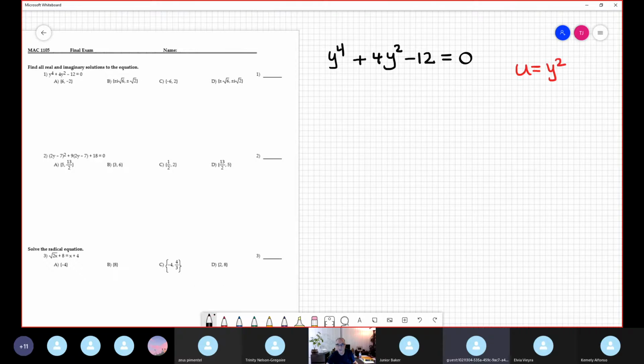Now we have u squared plus 4u minus 12 equals 0. It's a quadratic equation that I suppose we can do by factorization. What is the combination in this case, guys? Two numbers that multiply to give 12, and when you subtract them, give 4.